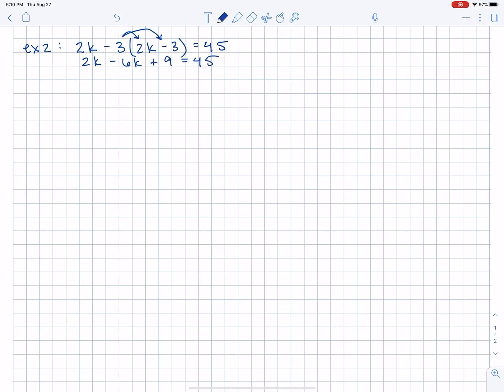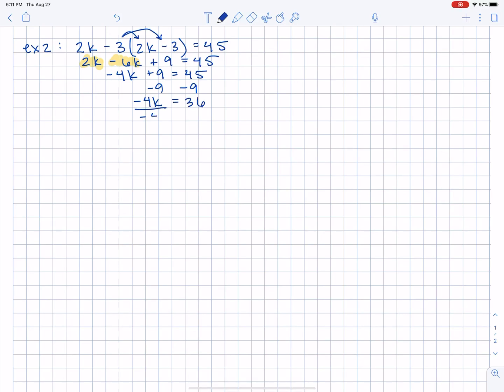Okay, so if you notice there, I distributed a negative to a negative. We got a +9. Now I need to go ahead and combine like terms. Okay, so we have -4k plus 9 is equal to 45. When you use your inverse operations, you get 36.